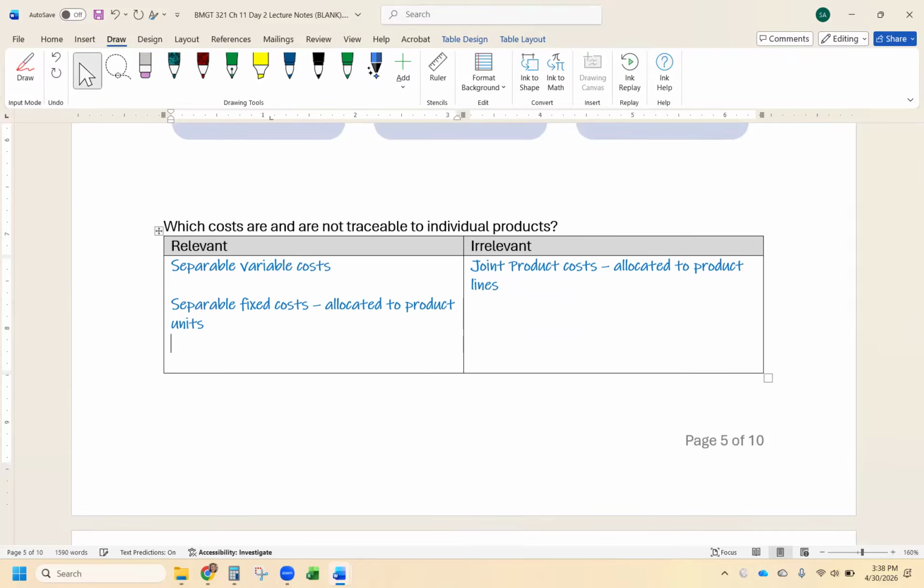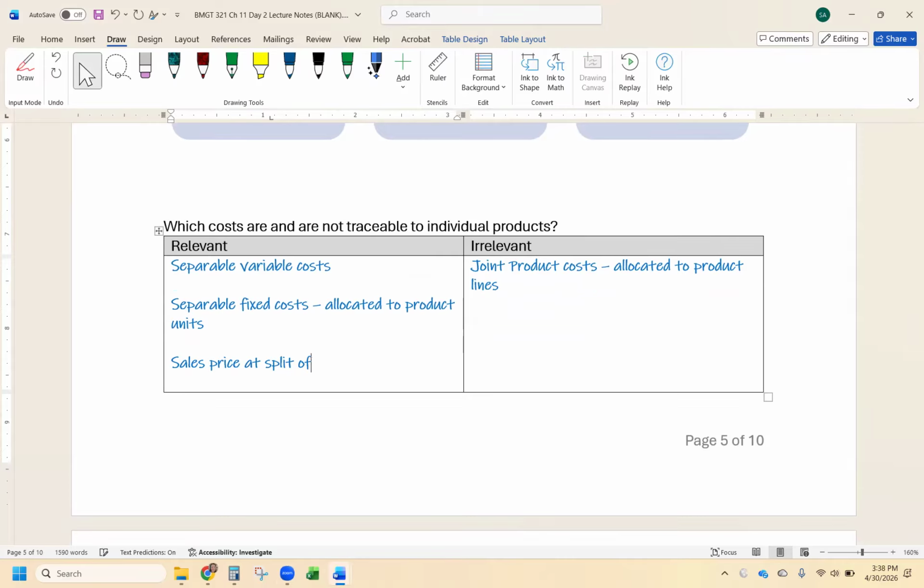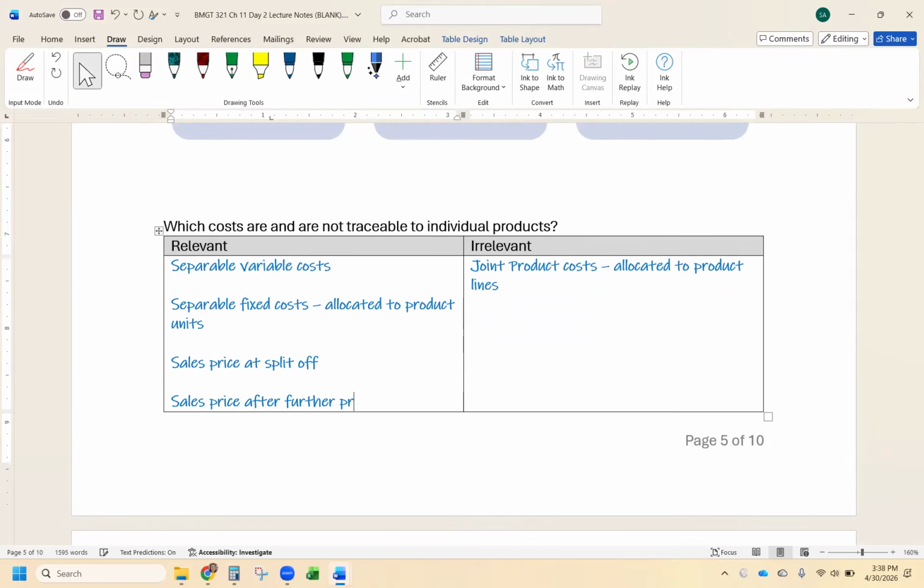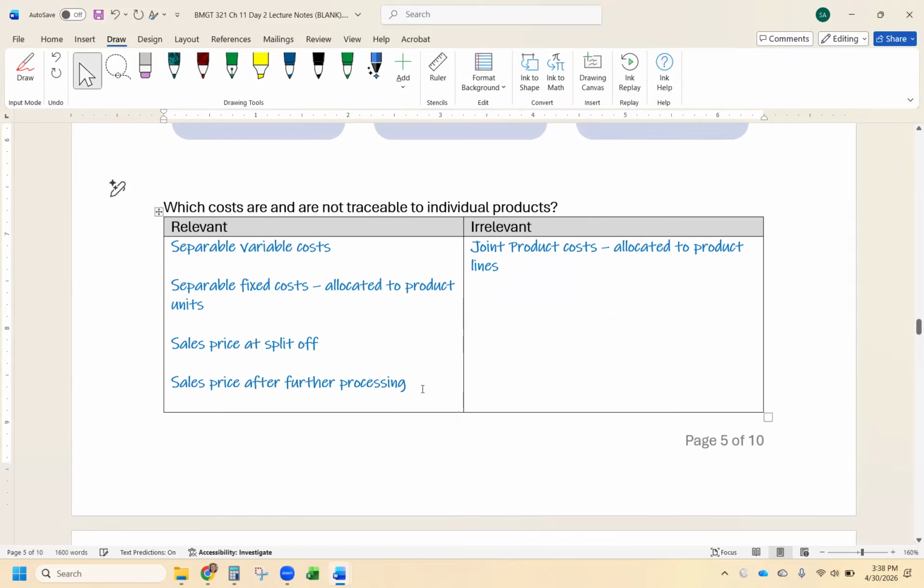So relevant items are the sales price at split off and the sales price after further processing. So I want to add those two things on there.